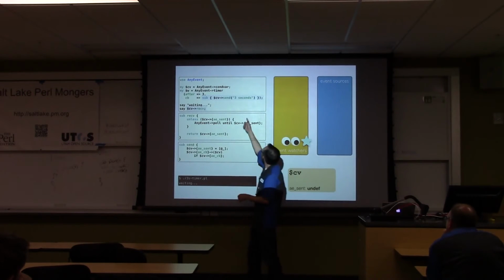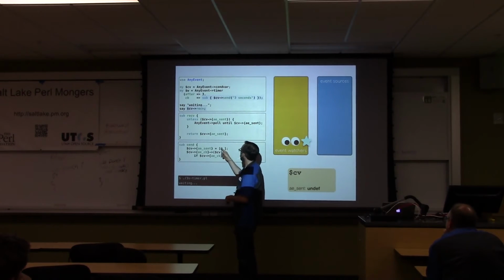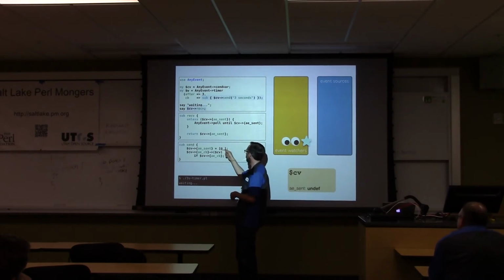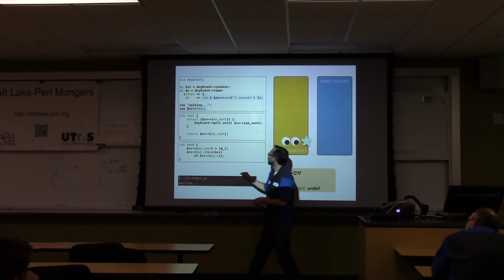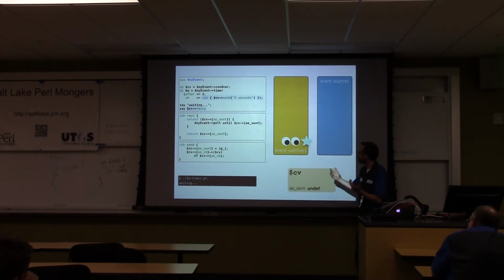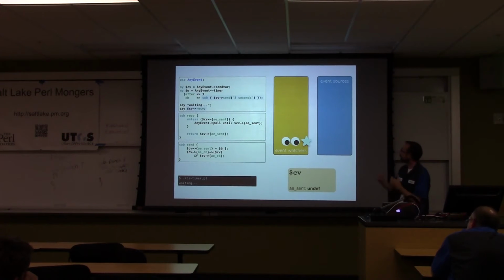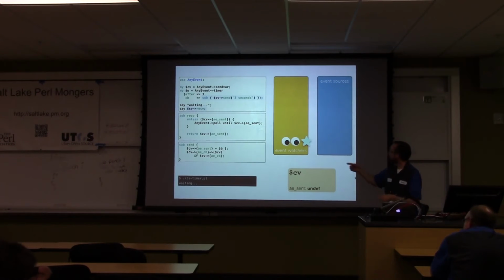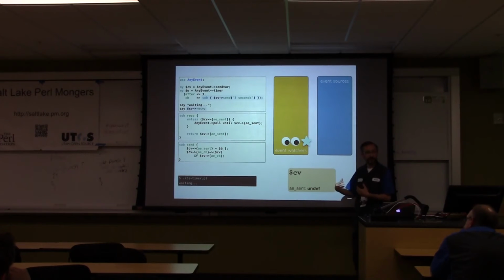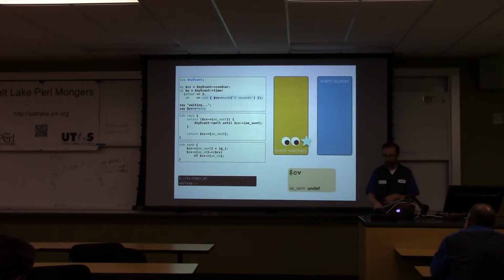Send looks like this. It takes whatever you give it, 3 seconds, wraps it in a little anonymous array, and sets AE sent. And then it checks to see if there is a callback and runs it. You can also attach callbacks to your condition variables. We did not do that here, so that second line isn't going to be run. But AE sent is now set. It's a global object; we're just using the same object here.